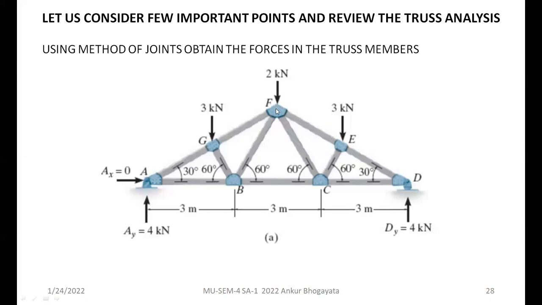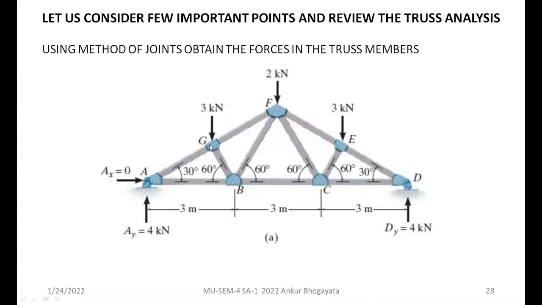So once you calculate any one side of the truss, there will be a sense of similarity, like force in AG will be the same as force in ED. Force in AB will be the same as force in BC, right? Force in BF will be equal to force in CF.